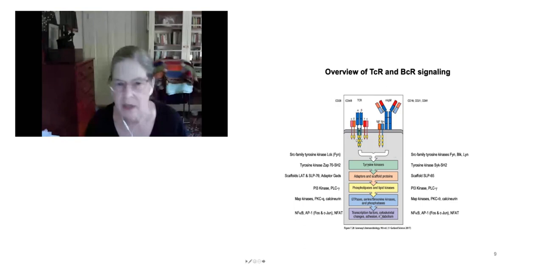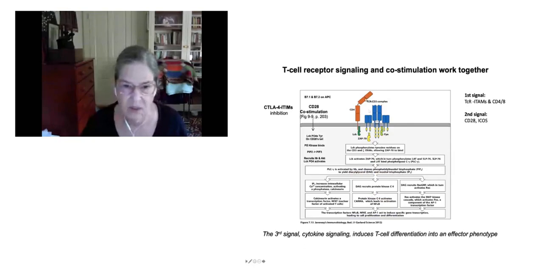So I'm not going to go through all this, but these are complicated signaling pathways. And what I do want to bring up is that, again, the CD4 or CD8 molecule is helping to phosphorylate these little yellow things called ITAMs.